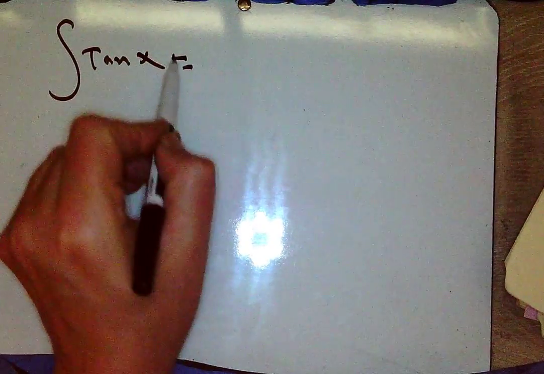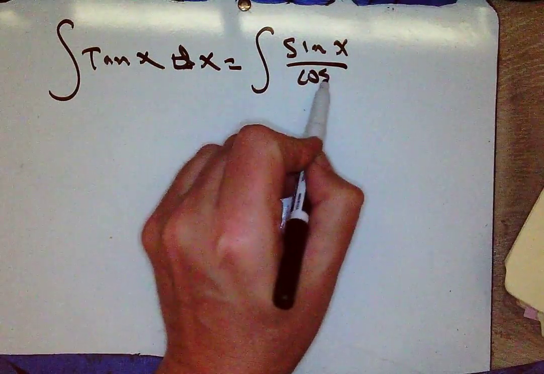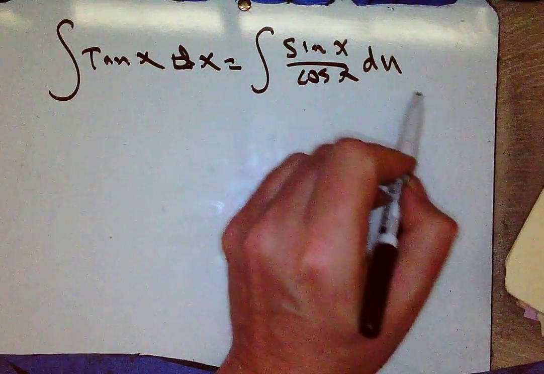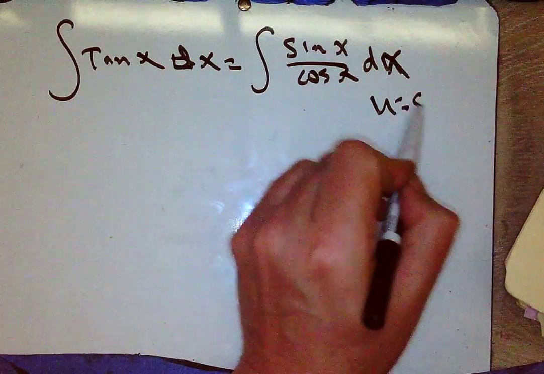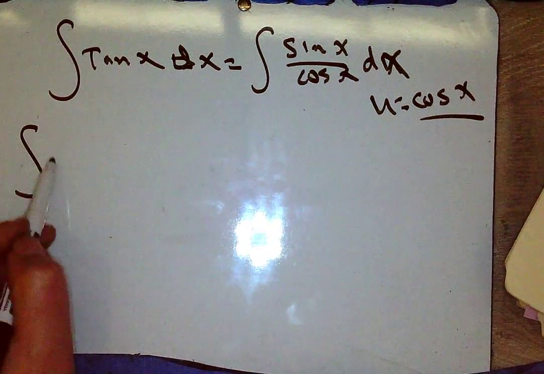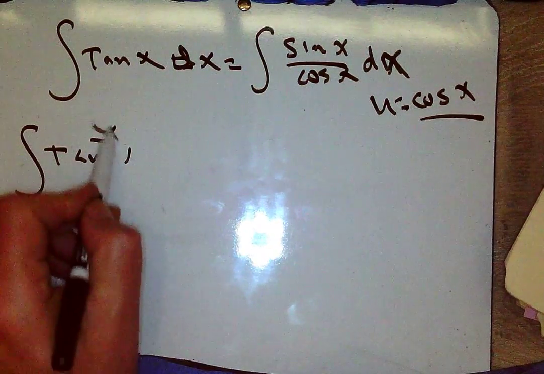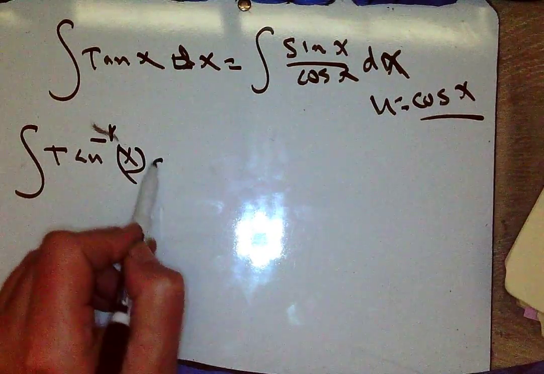Ooh, what about this one? I remember that we did tangent as a u sub where u was cosine x. But this problem is saying inverse tangent of x dx.